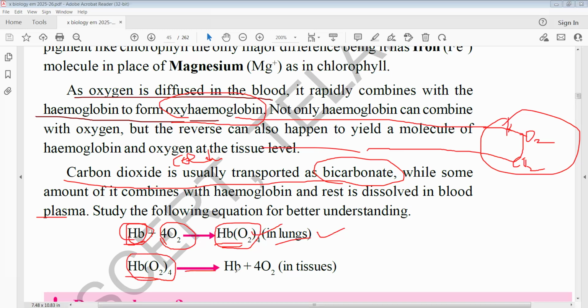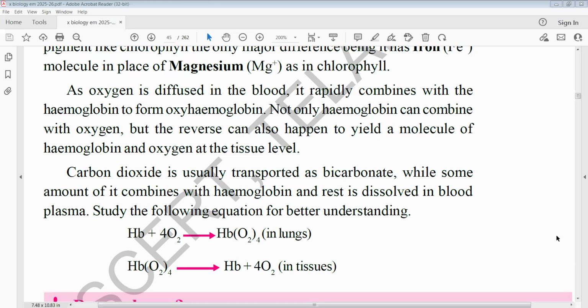In the tissues, this oxyhemoglobin leaves the oxygen and separates into hemoglobin. So this is the chemical equation where the oxygen is carried by the hemoglobin and released in the tissues. You have to keep that in mind.